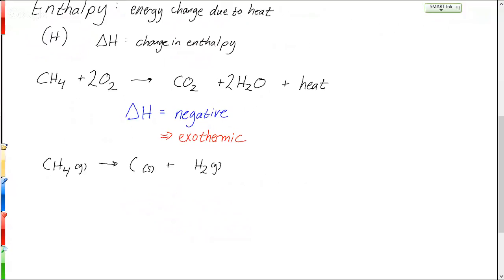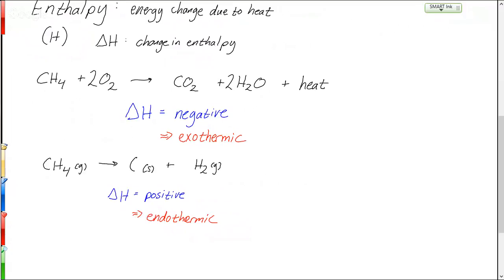And so that is not obvious, but that is going to have a positive enthalpy, and we call something with a positive enthalpy endothermic. So that means it takes in energy.